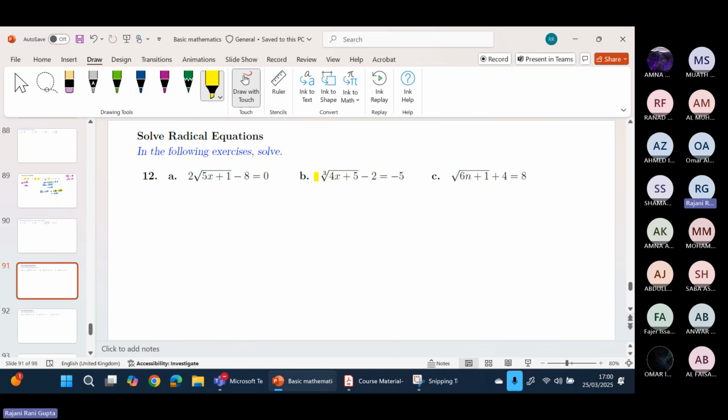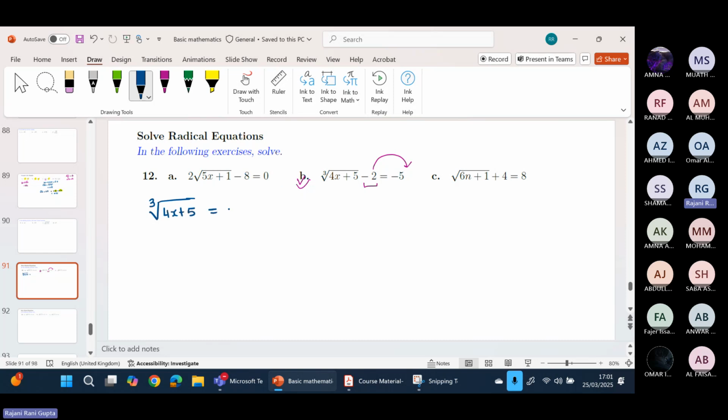Okay, let's solve this. Tell me the first step. The first step is to move this -2 to the right side. So this gives you cube root of 4x plus 5 equals.